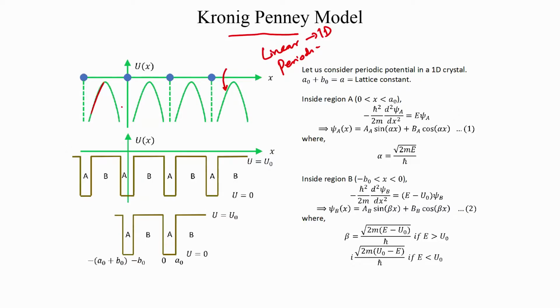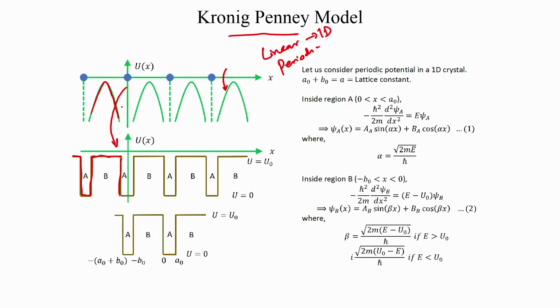Yes, this is indeed the true potential profile seen by the electron in this linear arrangement of atoms. But we are going to represent this potential profile by rectangular potential wells, because we know the methods to solve Schrodinger's equation for rectangular potential wells. So we take this true potential profile and create a model which looks like this.